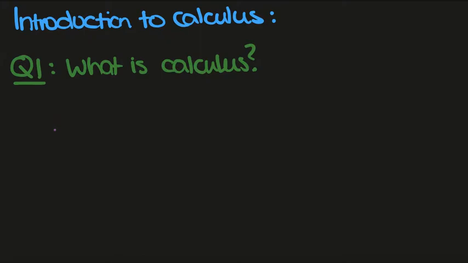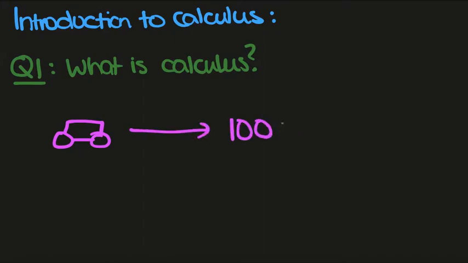Let's say you have a car. Let's maybe draw it. This is your car, and you move, let's say, 100 kilometers in maybe 2 hours. The question is, how fast did you go to travel that?